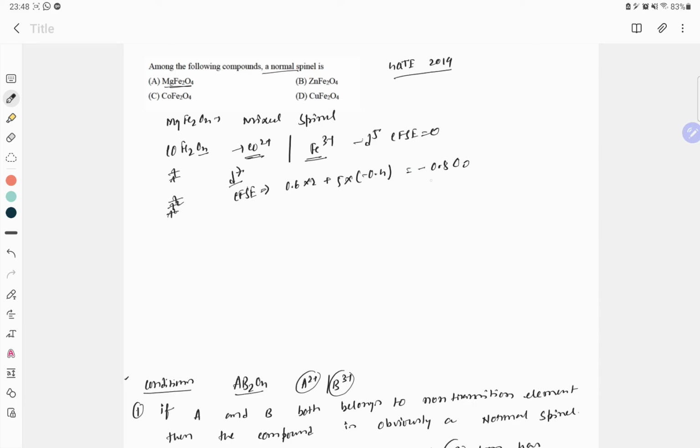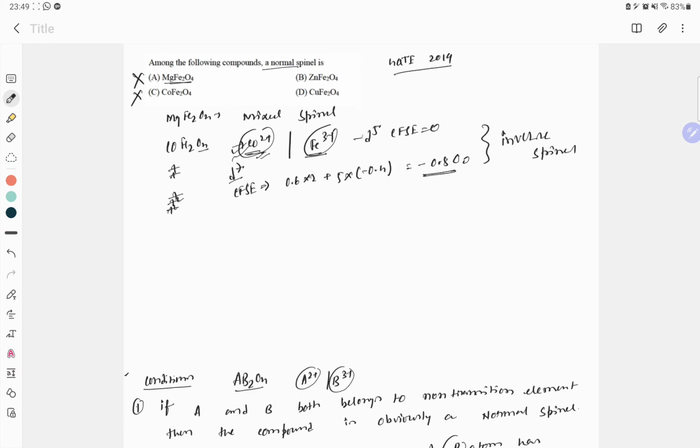So this is more negative, so this one is more stable. So it will go for the octahedral void, and Fe3+ will go to the tetrahedral void. Half of the Fe3+ will go to tetrahedral voids and half of the Fe3+ will go to octahedral voids, but all the Co2+ will go to octahedral voids. So it is an inverse spinel. So this is not the answer.